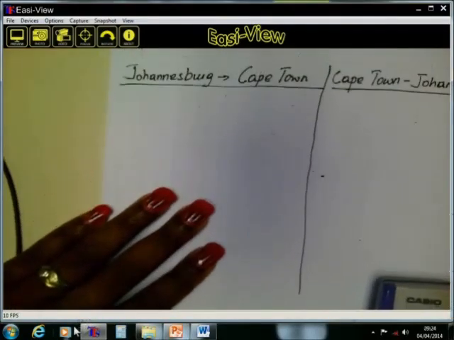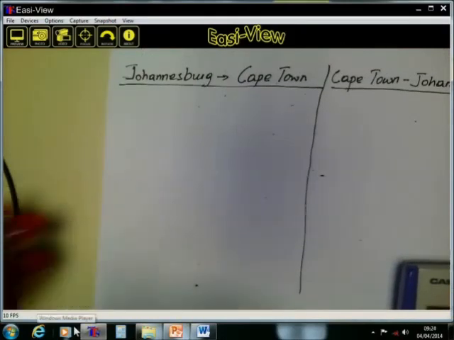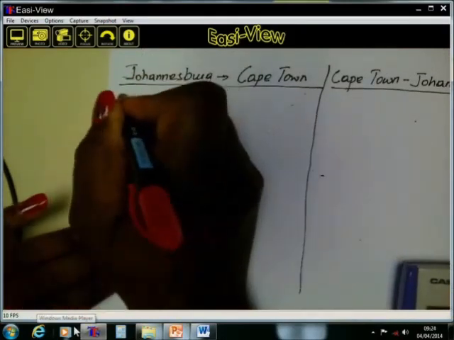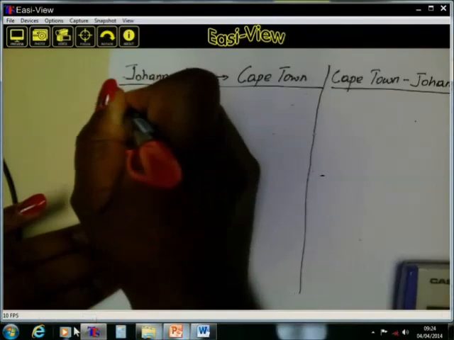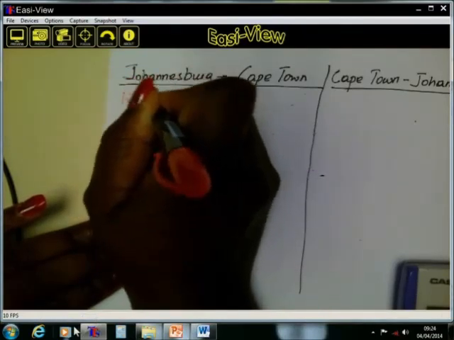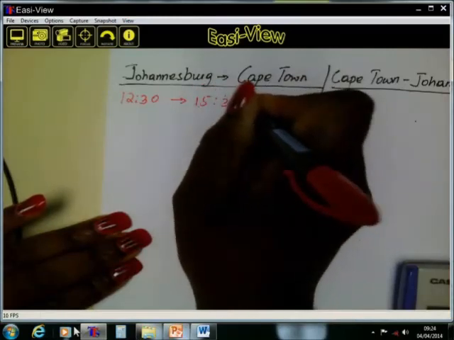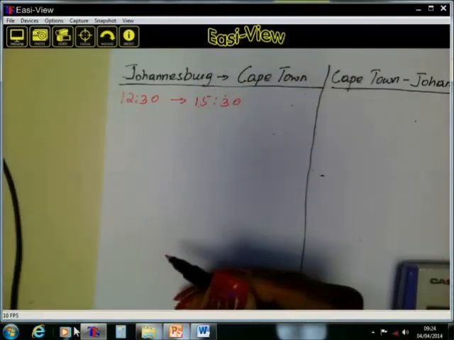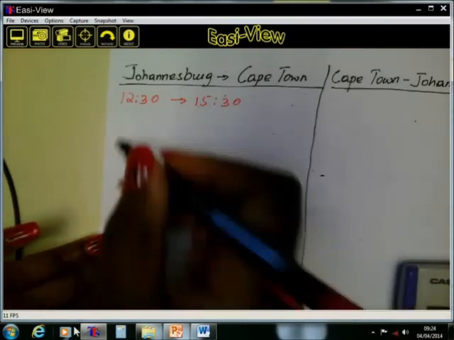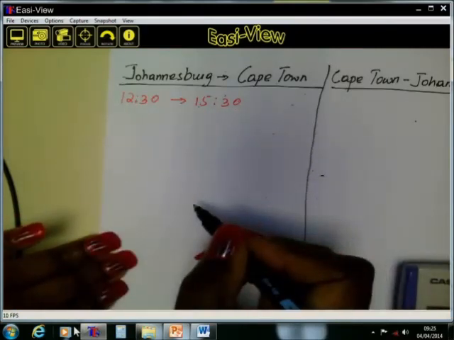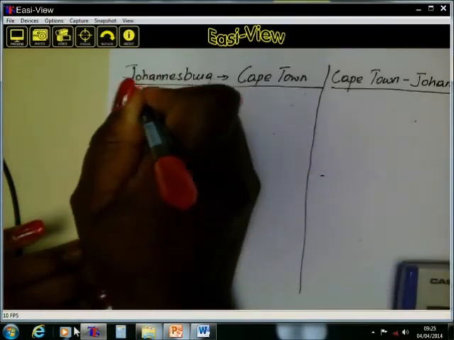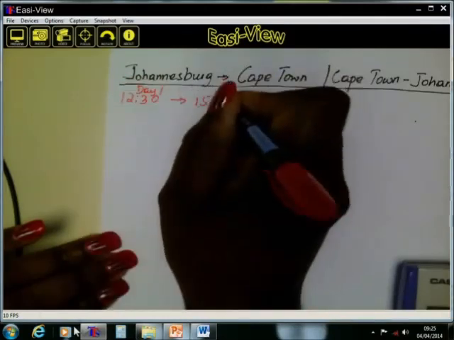This is what we have. From Johannesburg to Cape Town, the departure was 12:30. The arrival was 15:30. Using the first example on how to do these calculations, remember this is day one, then this is day two.